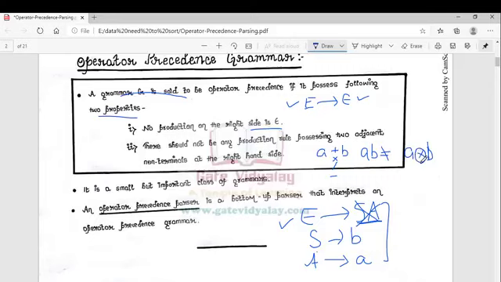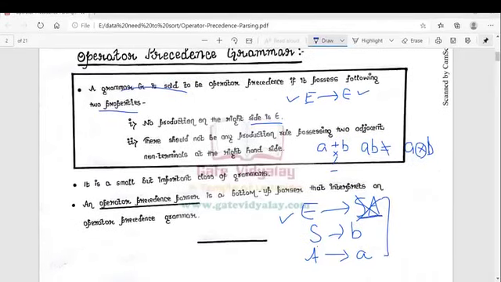That's why we cannot write these two non-terminals adjacently. So this is the rule of operator precedence grammar. It is a small but important clause of this grammar.